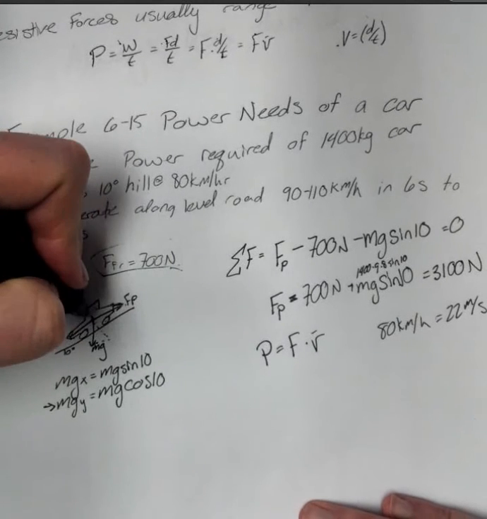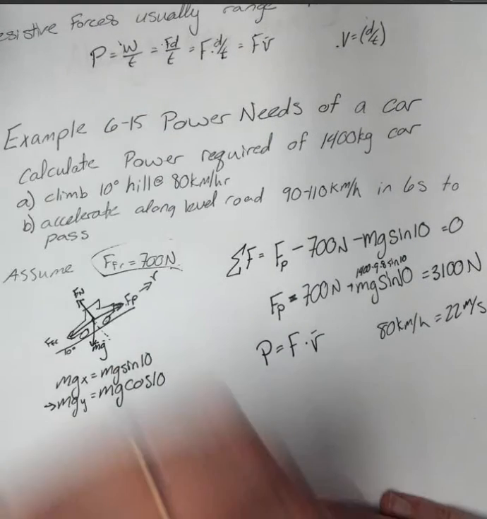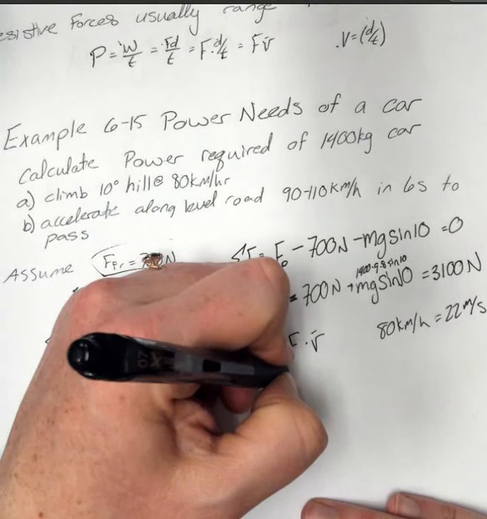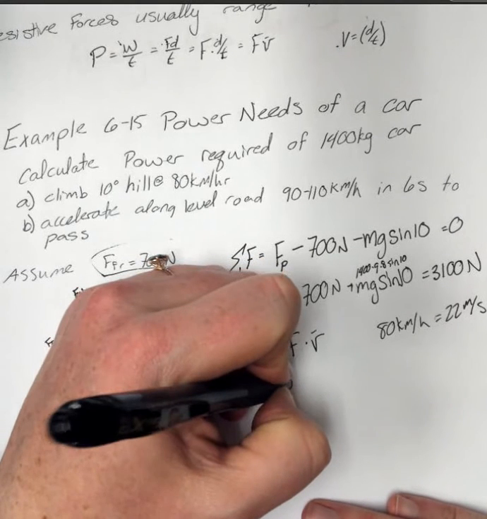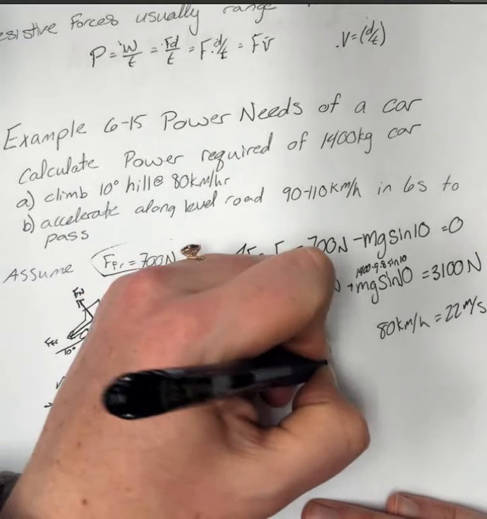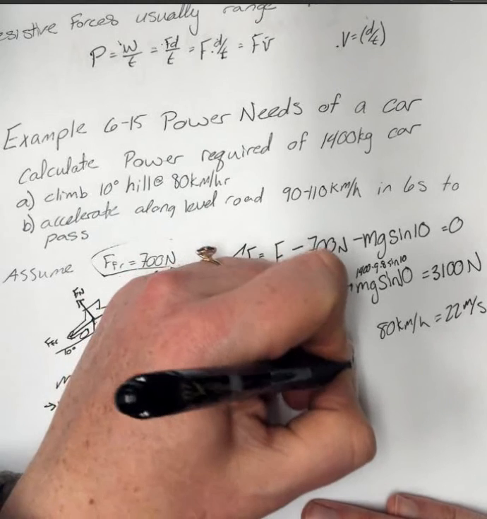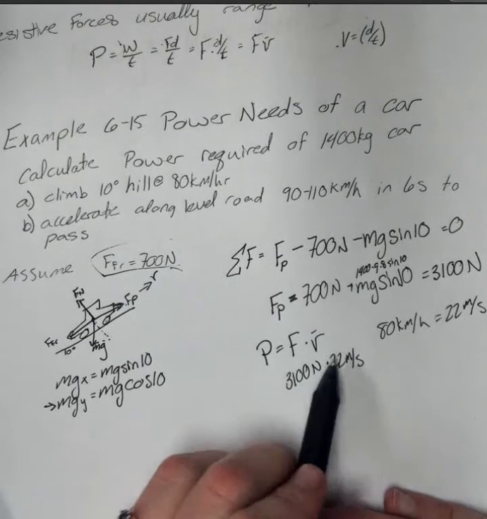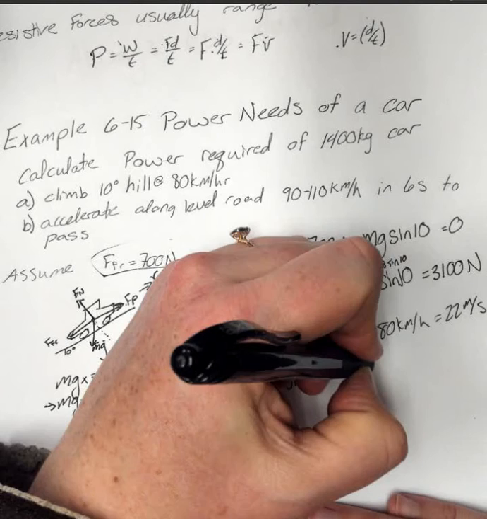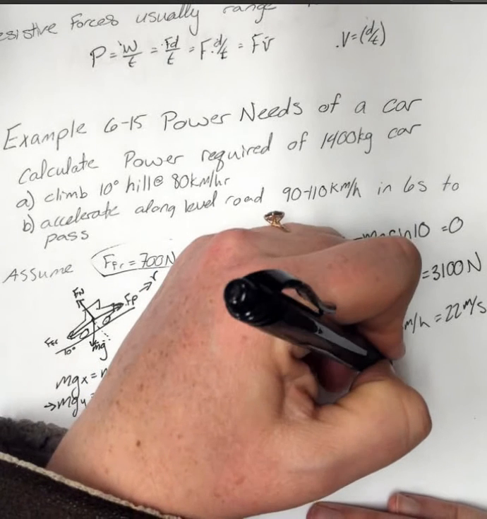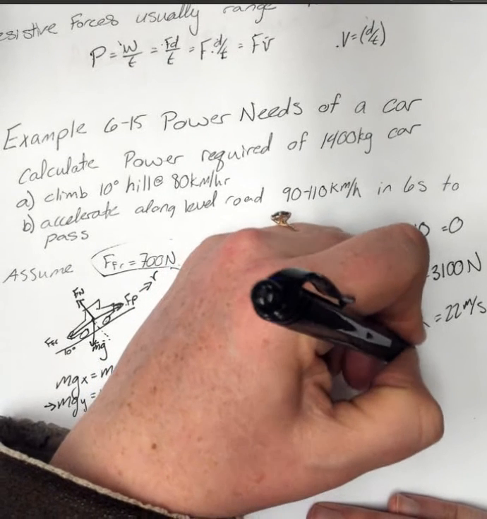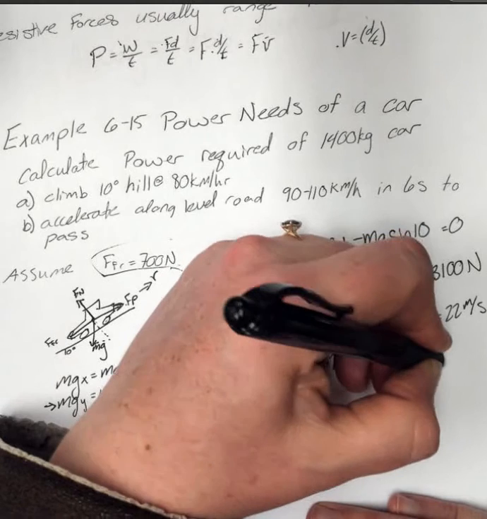The velocity is in that same direction. So that means that we can apply the 3100 newtons times the 22 meters per second, and that would give us force times displacement over time, or 6.8 times 10 to the 4th watts.